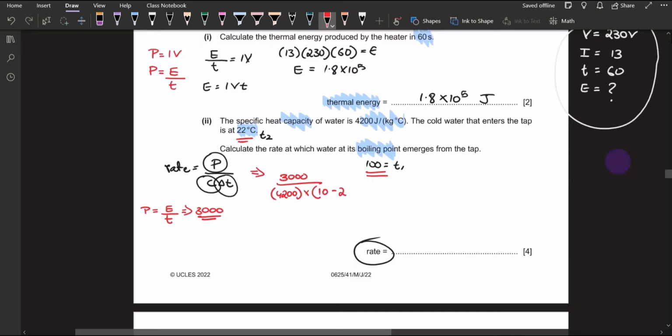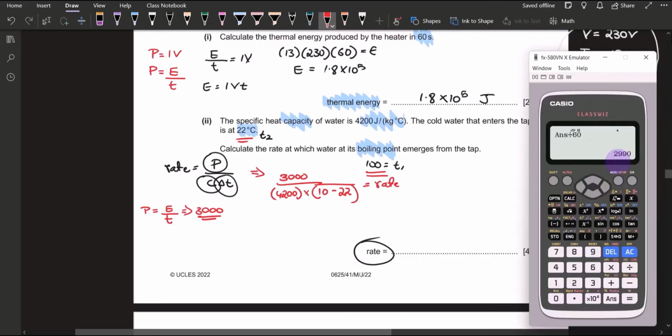So 100 minus 22. And this is going to give us our rate. So we can plug this in our calculator. 3000 divided by 4200 into 100 minus 22, which is going to give us our answer as 0.00915.